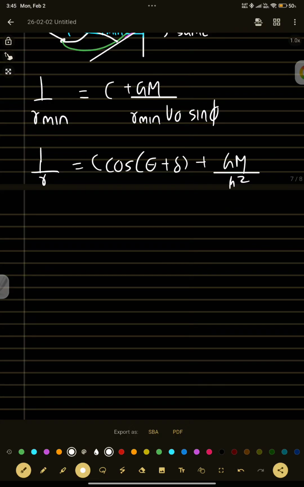R square theta dot, you can write it as R into R theta dot. So your H you can write as R naught V naught sin phi equal to R minimum, which I don't know, into some V maximum.